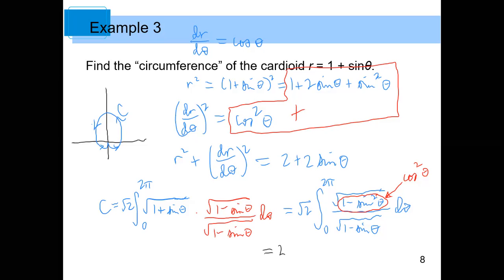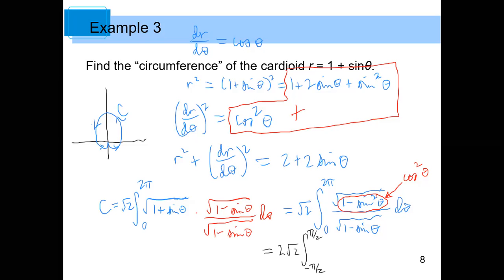So it's going to be 2 times the square root of 2. I'm doubling it, but I'm going to change my limits of integration to angles where the cosine is positive. So what are my limits of integration going to be? Minus pi over 2 to pi over 2.